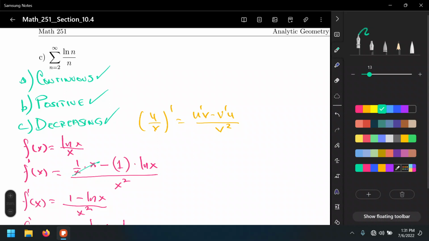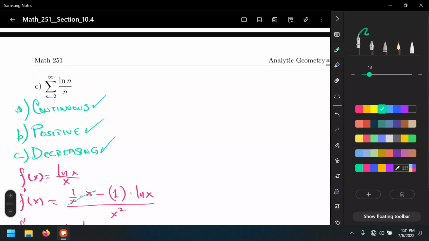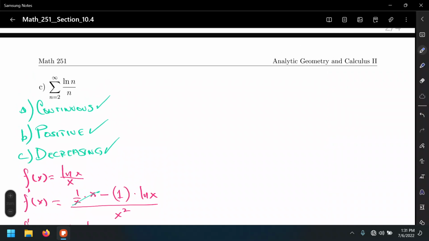So we're good to go. Let's set up the improper integral that we will use to determine the convergence of the given series. The integral from 2 to infinity of ln x over x with respect to x. In this case, any ideas on how to evaluate this integral?